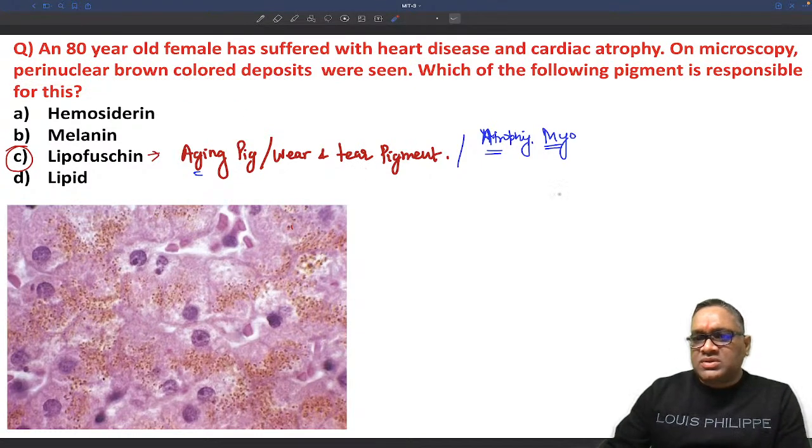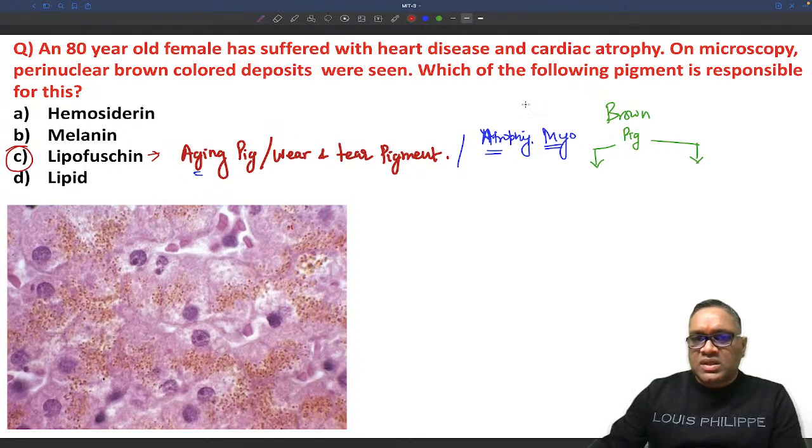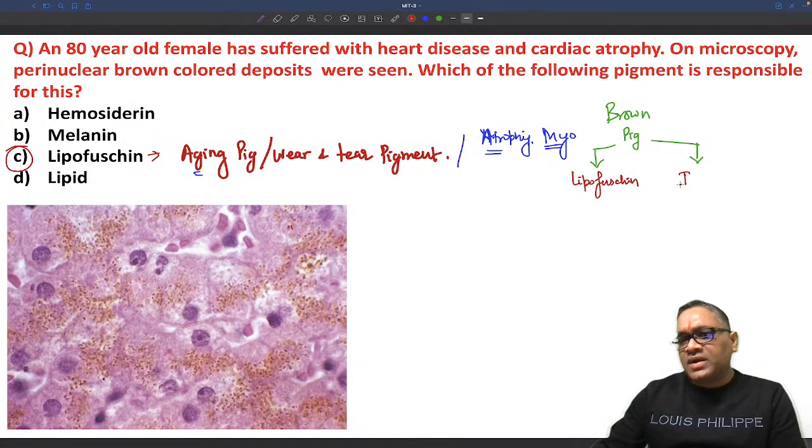Perinuclear brown colored deposit, can you tell me what will be the differential diagnosis? In the comment box, can you tell me? If I say there is a brown pigment in the human body, what are the two pigments you will think of first? One is lipofuscin, and second is the iron pigment.